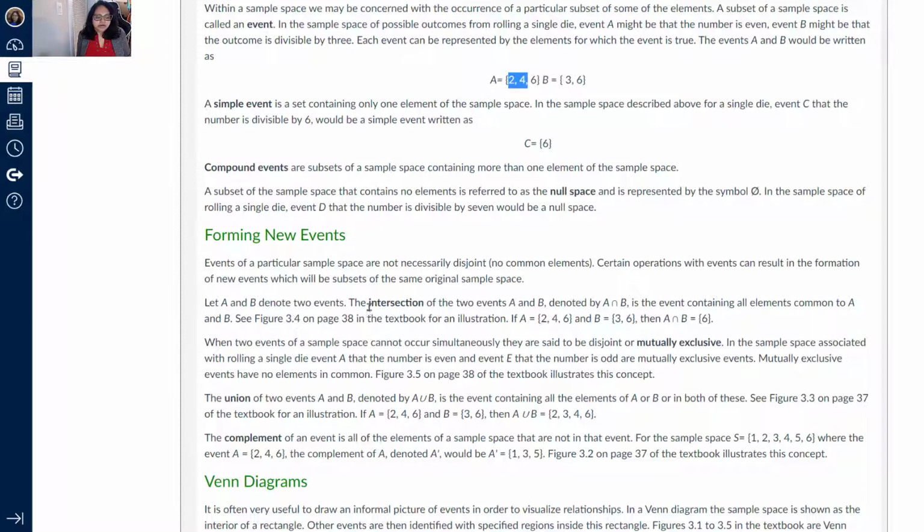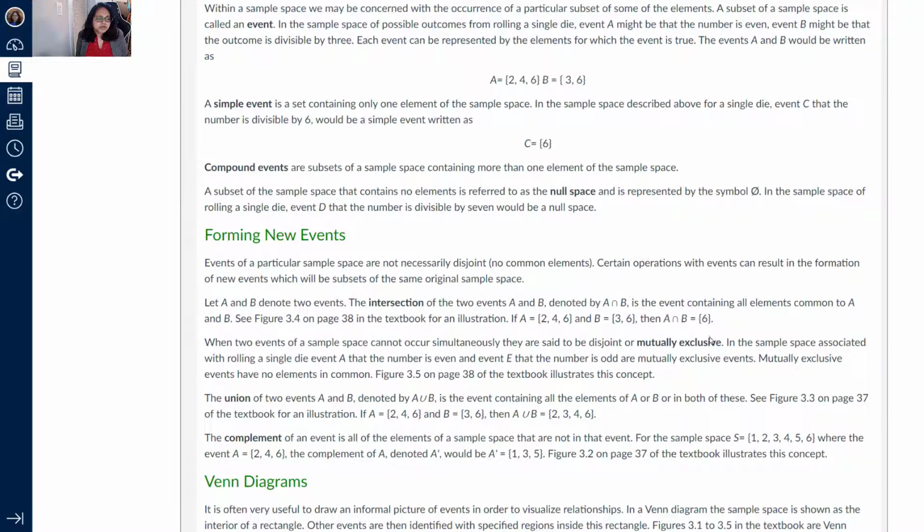So whenever we are talking about intersection, let's say two events A and B, the intersection will be denoted by this symbol. That means we are talking about the intersection between them. If I try to find the intersection, that means the only common element is 6. So that's why A intersection B, we call it that way, and it's only 6.